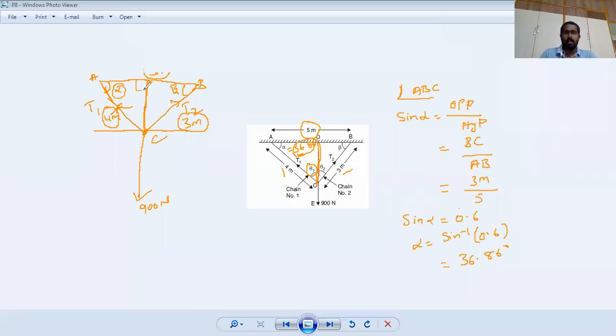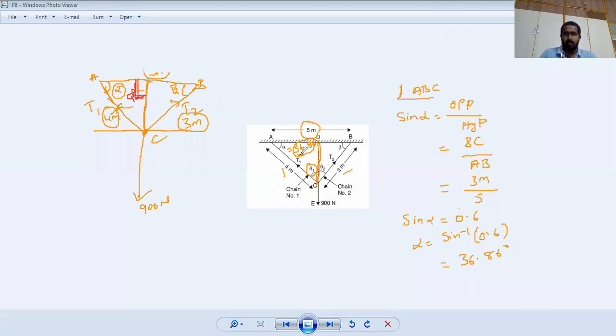What is the angle here? Divakar, what is the angle? 90 degrees.